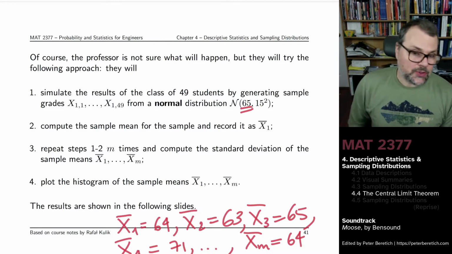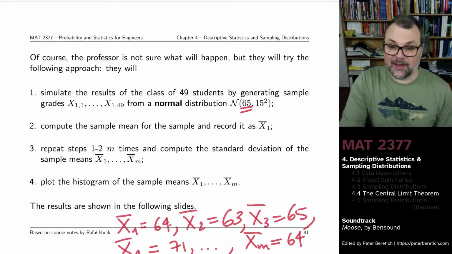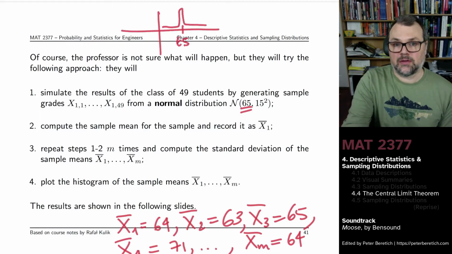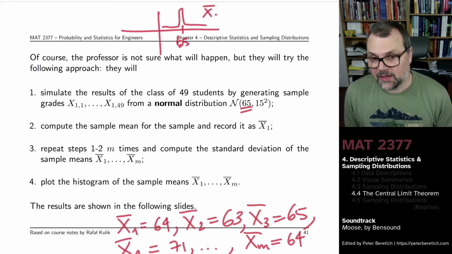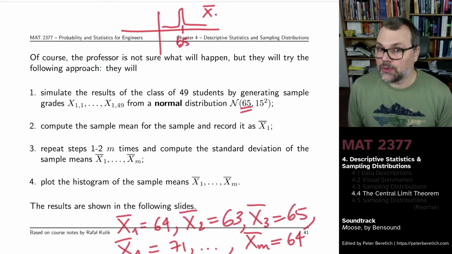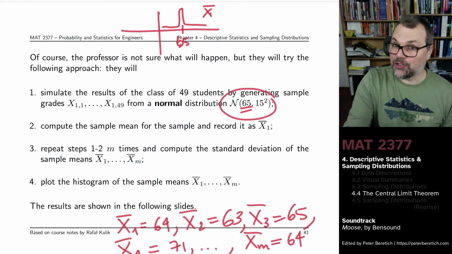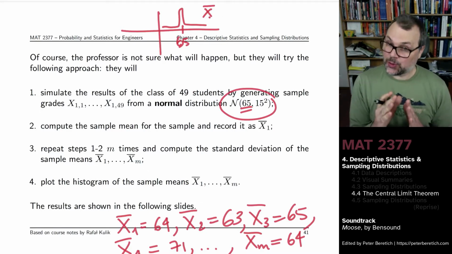But what we'll also see is that they are close to 65, but they're actually much closer to 65 than what we get when we just look at the actual grades. So the averages have a tighter distribution.